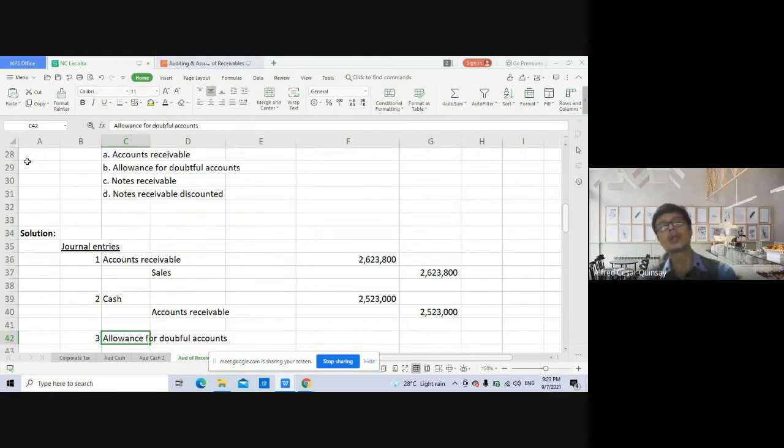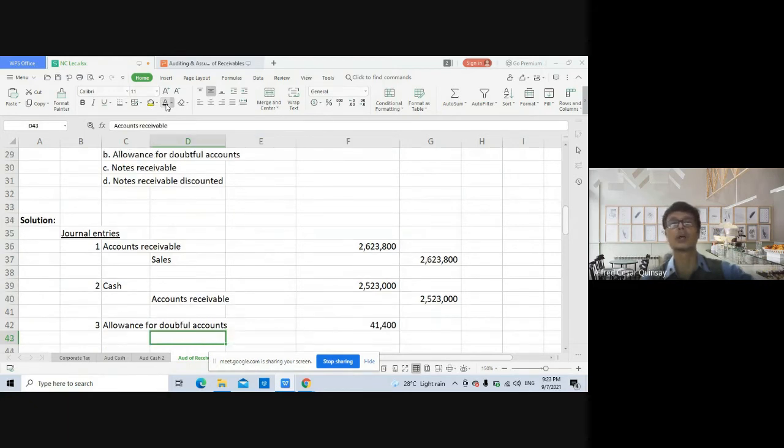Now, if we write off, dinidebit natin. So parang tinatanggal na natin siya because of the write off, no? So for 41,400, and of course, we will write off the receivable for 41,400. Yan. Okay? Because the normal balance of receivables being an asset is debit. But since we're writing it off, so i-credit natin.